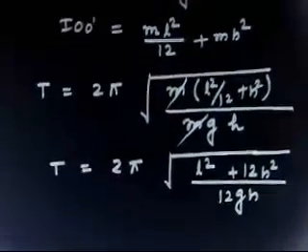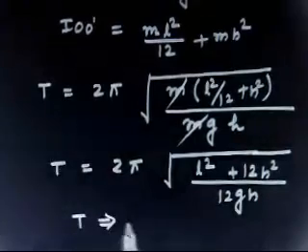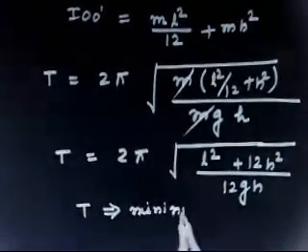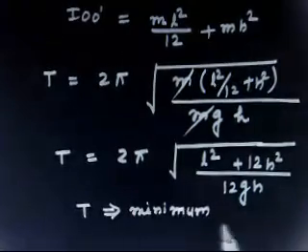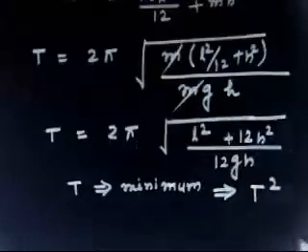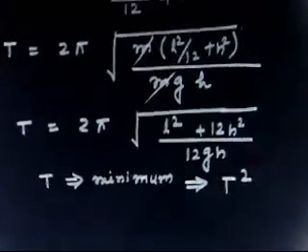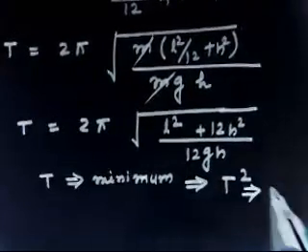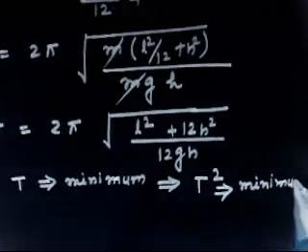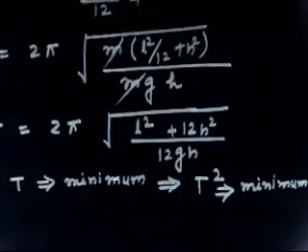Now I want T to be minimum. Of course, if T is minimum, T square will also be minimum. So why not simply differentiate T square? Are you getting why I am doing this? Because differentiating T square will be easy.